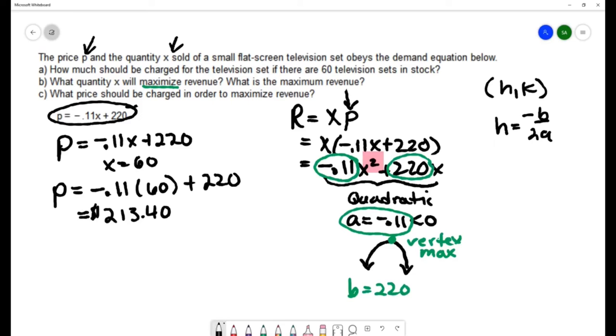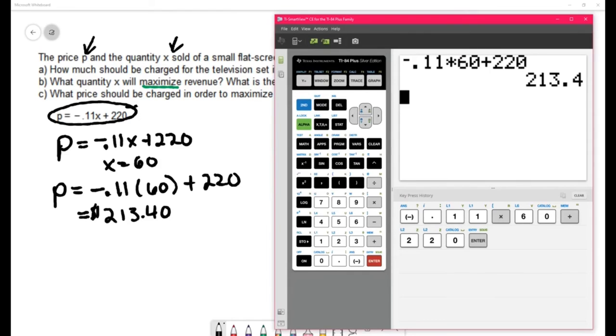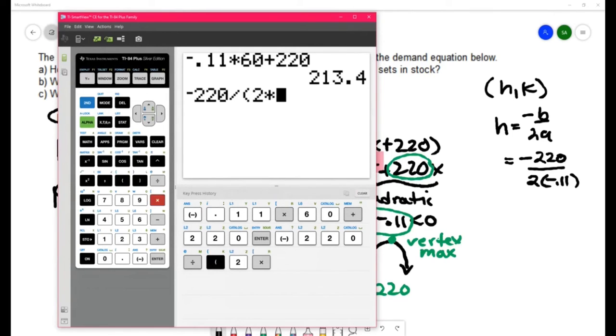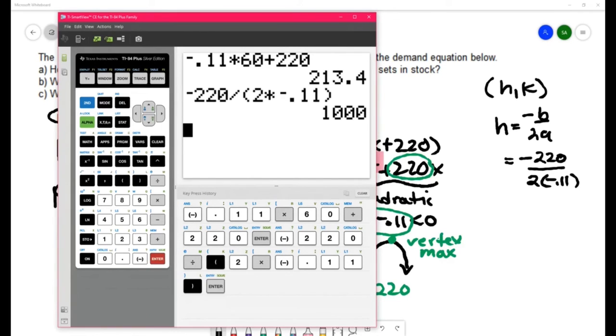So we'll substitute those values into the formula. That's negative 220 divided by 2 times negative 0.11. I'll use my calculator to work that out. That's negative 220 divided by, and I need parentheses around the denominator, 2 times negative 0.11, and we get 1,000.